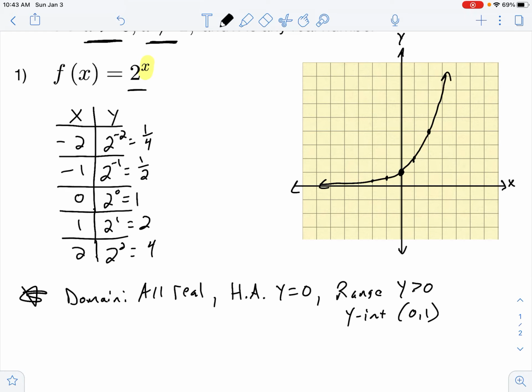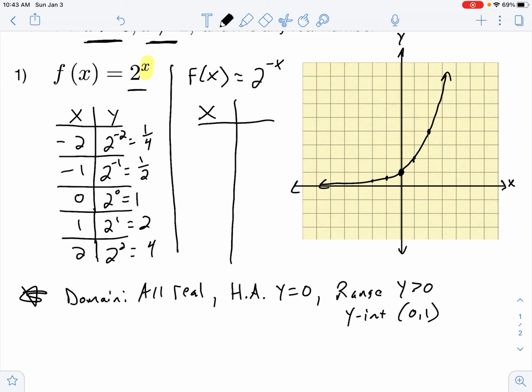So let's look at, if I just change this up a little bit and say f of x is equal to 2 to the -x. What you're going to see is that will cause a reflection in the y-axis, and thereby give us the decay model.